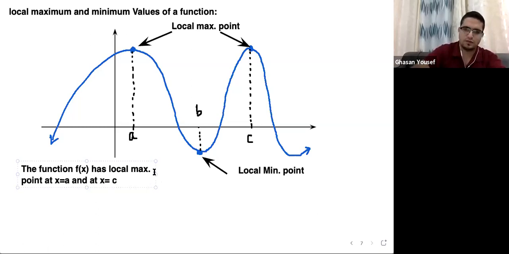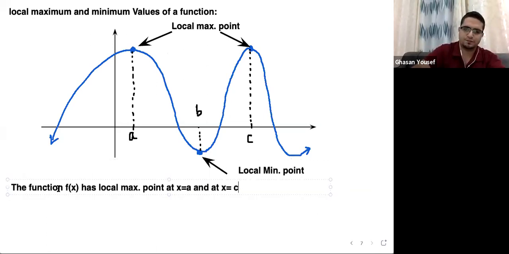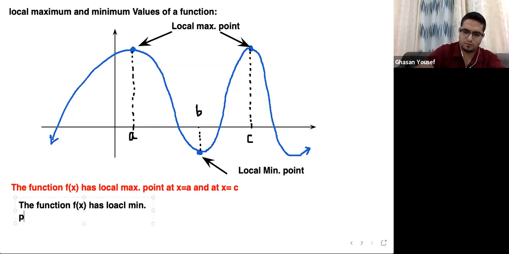This is the first thing. Also, the function f of x has local minimum point at x equal b.